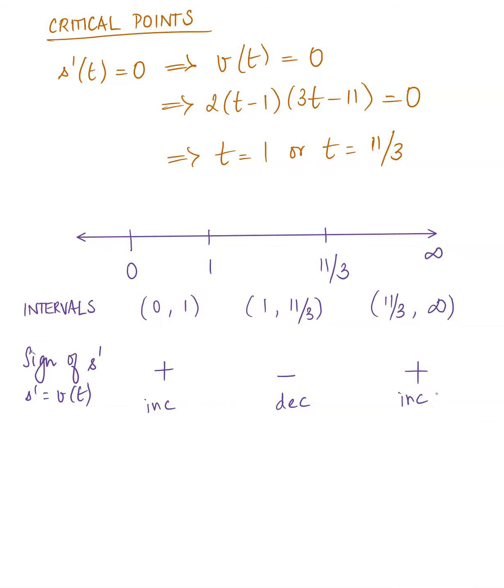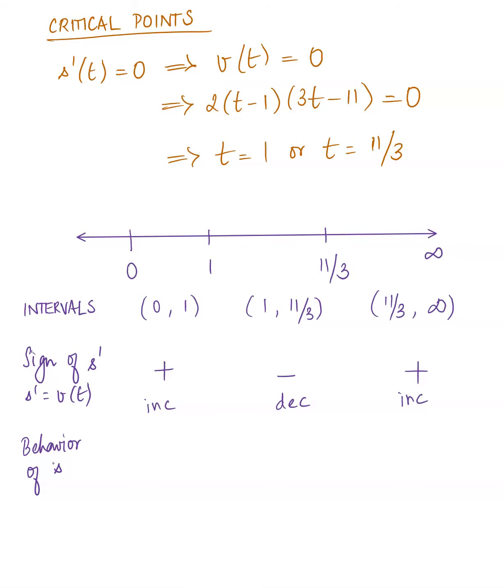That's the behavior of s. Because we're talking about velocity, increasing, decreasing is the behavior of it as a graph. But when you talk about the particle moving and the velocity, velocity is positive or negative depending on right or left.